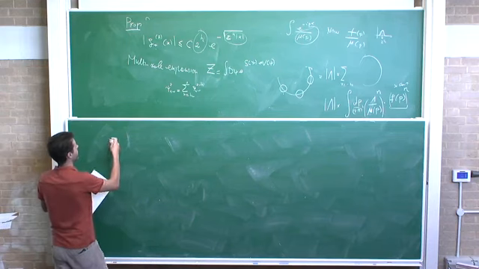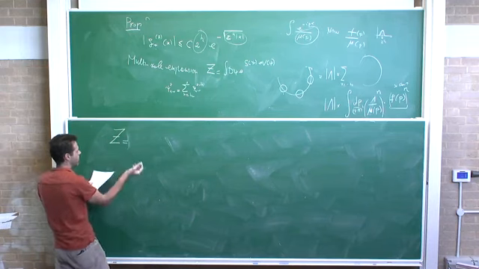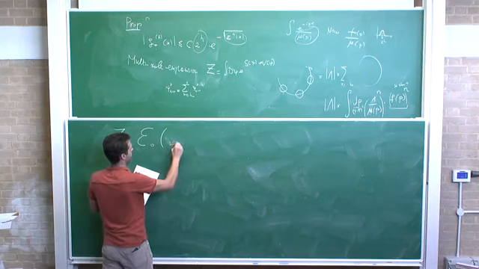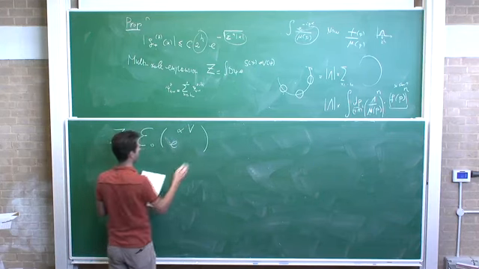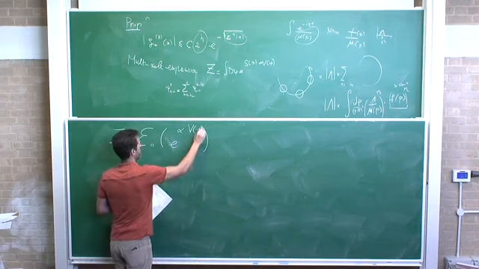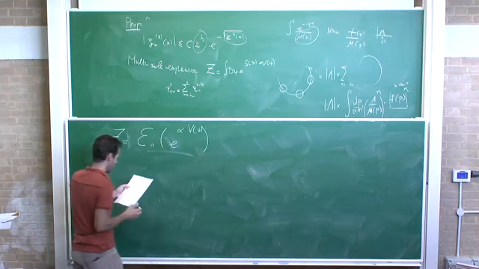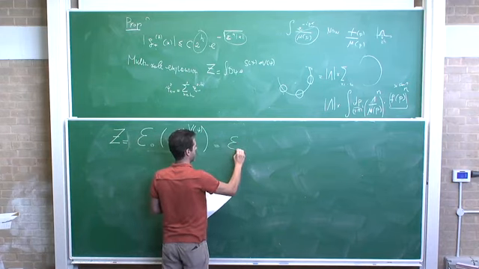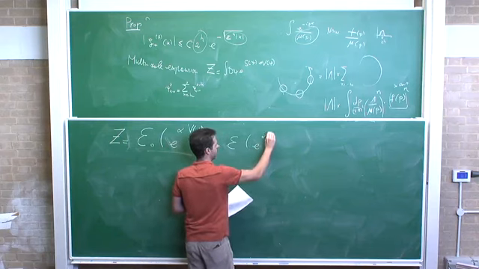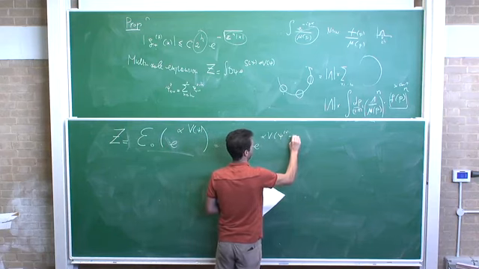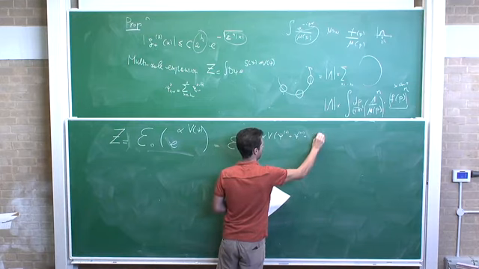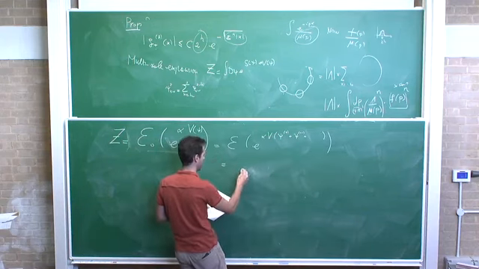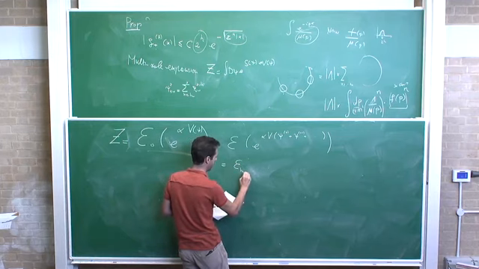Right, so what is the idea? We have Z, which is maybe divided by something, and then you write it as psi 0 plus the rest, and the idea is to start integrating out psi 0.